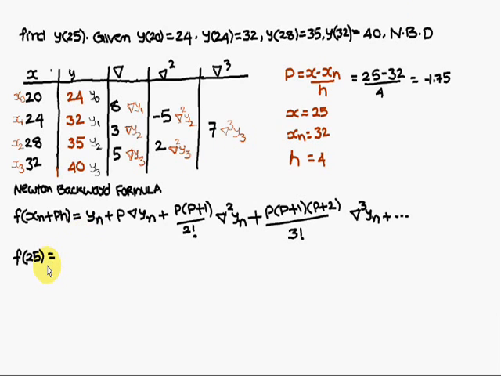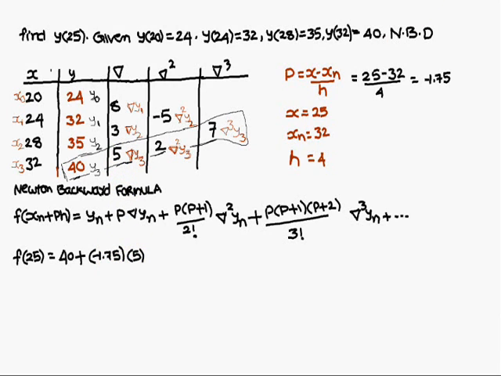So therefore f of 25 is equal to yn. Yn means this 40, you have to write it here. So only these values you are going to substitute in the Newton backward interpolation formula. So 40 plus p, minus 1.75, and 5.